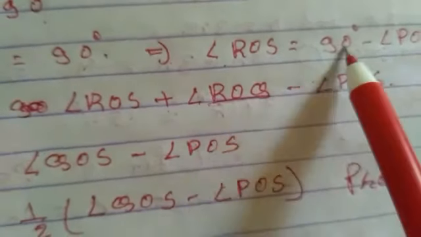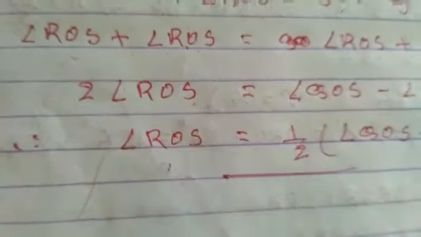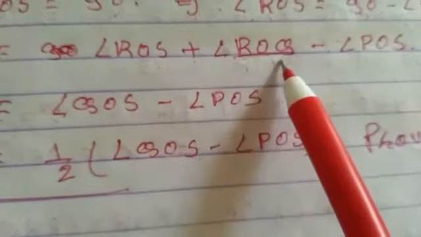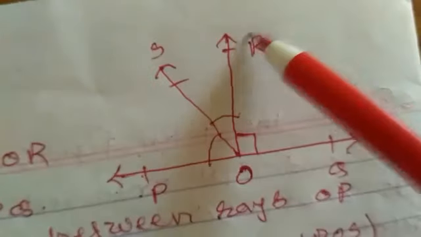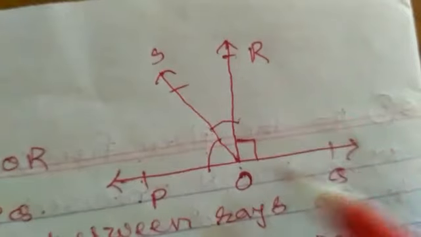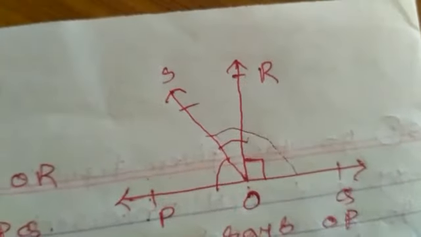Now add it together. ROS and ROS, when added, become 2 angle ROS, which is equal to, when ROS and ROQ are added together, let's see in the figure, ROS and ROQ when added, we have QOS.